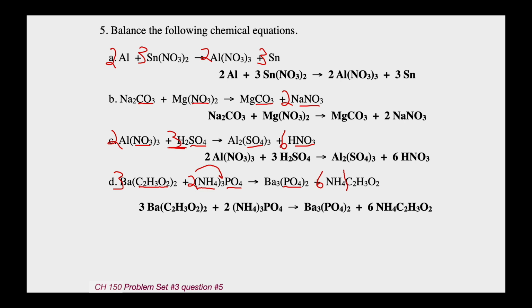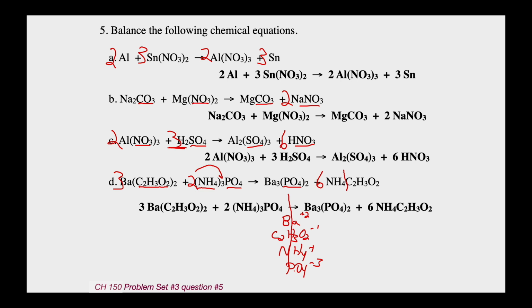And again, I encourage you to balance these anytime you want. In this one, to balance it, I would have the barium. I would have the acetate ion, which is that thing, C2H3O2 minus 1. I would have ammonium, which is NH4, and I would have phosphate, which is negative 3.